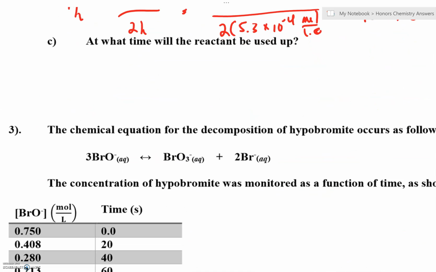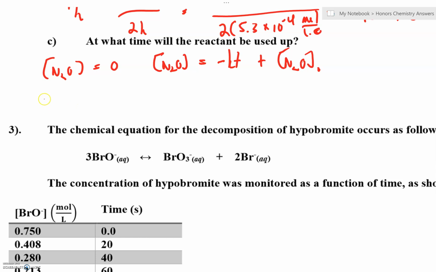At what time will the reaction be used up? In other words, at what time will the concentration of N2O be 0? So we're going to take our equation: N2O is equal to negative Kt plus N2O at time 0. And we're going to solve for t.